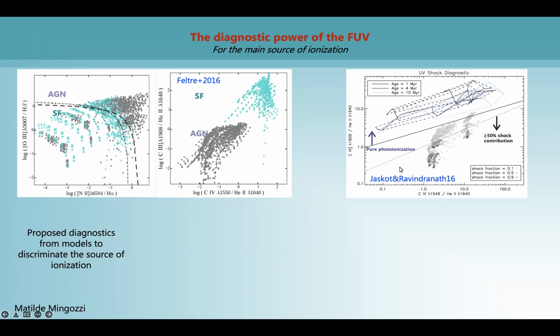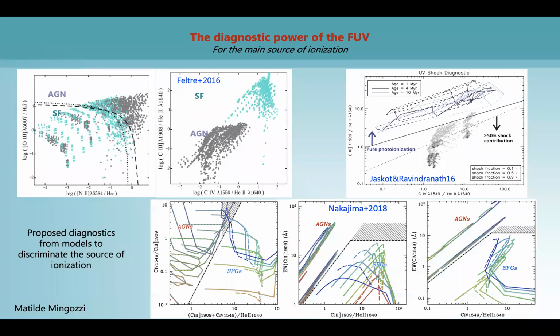Then other authors like Jaskot and Ravindranath 2016 proposed diagrams with carbon 3 helium 2 versus carbon 4 helium 2 to separate star formation and shocks. And there are other works, for example from Nakajima 2018, that propose other diagnostic diagrams to separate AGN and star formation.